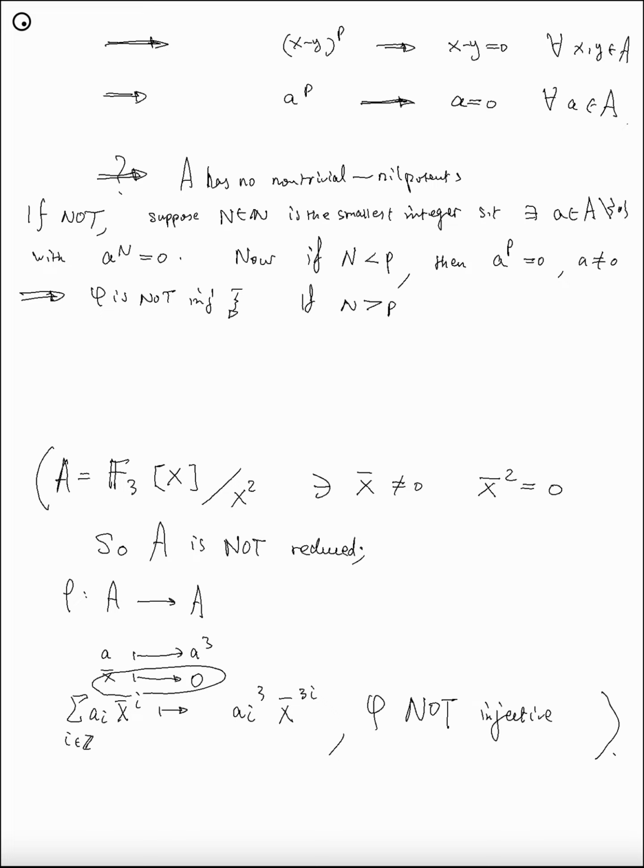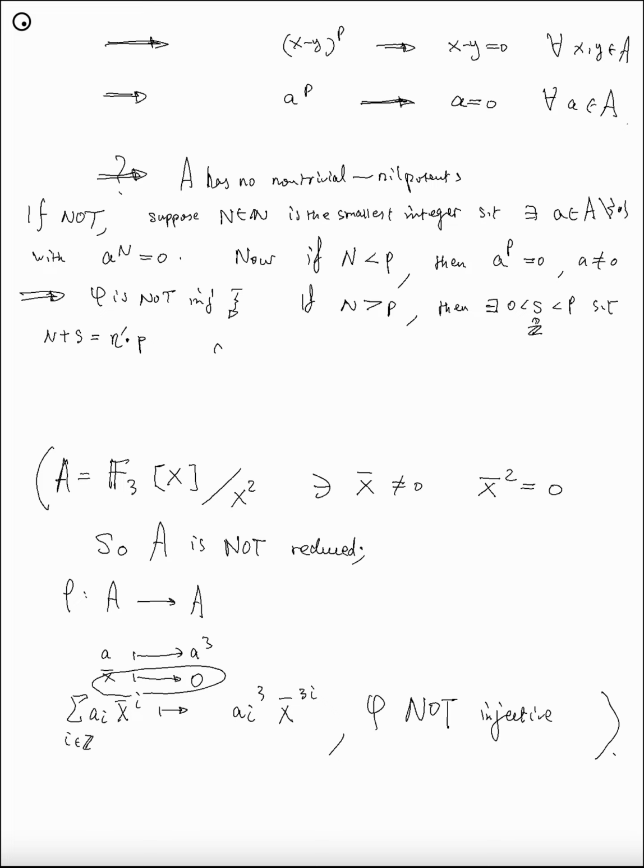If n is bigger than p, then we have this: there exists some s, bigger than 0, smaller than p, such that, again an integer, n plus s equals some n prime times p.